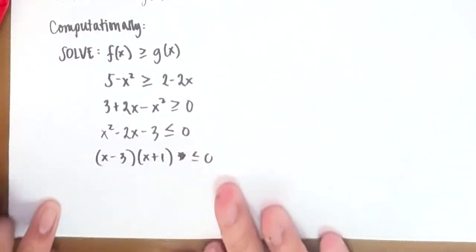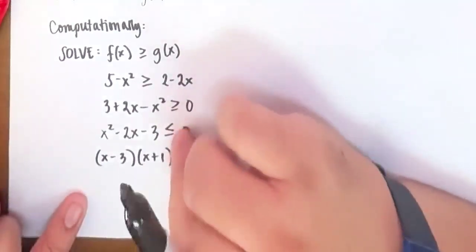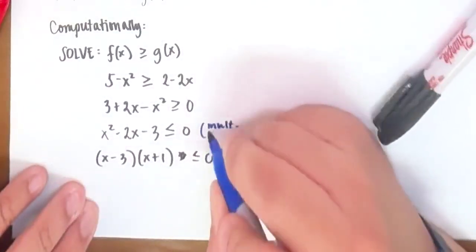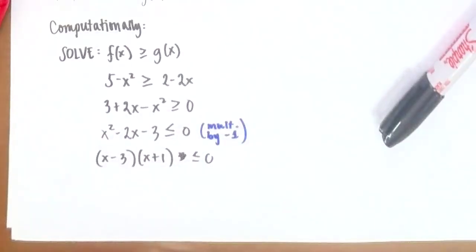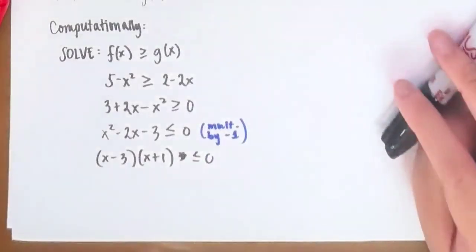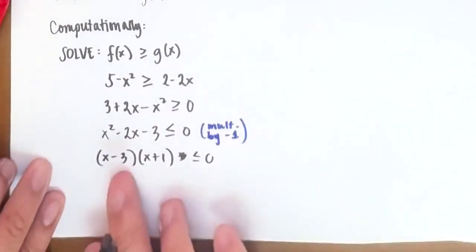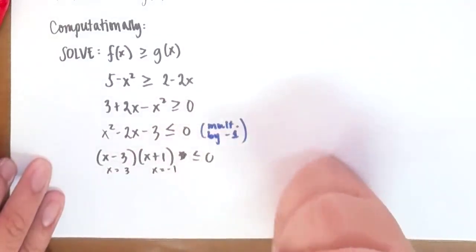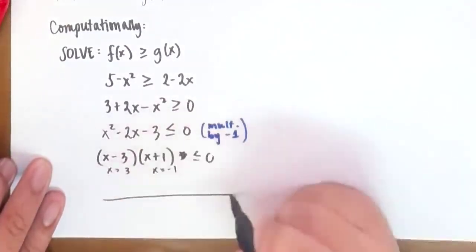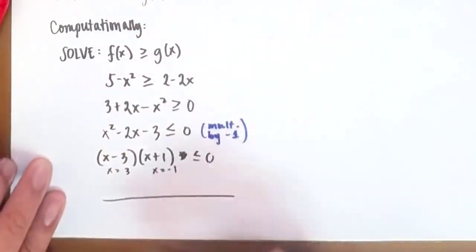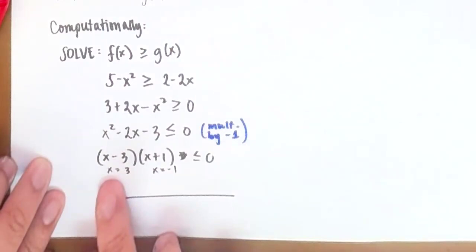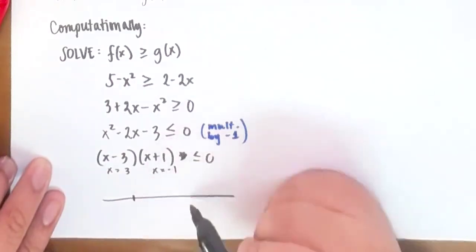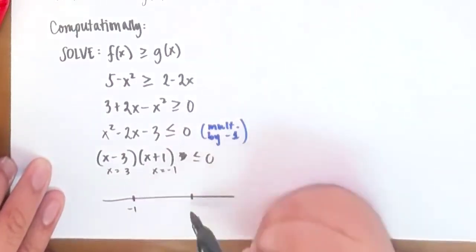Again, the reason why this flipped is we multiplied by negative 1, and after multiplying by negative 1, it flips. We factor it out, and this means that the numbers that we need are x = 3 and x = -1. So here's a shortcut, especially for quadratics. You put this in the number line: x = -1, x = 3.